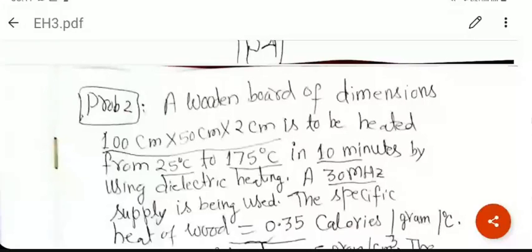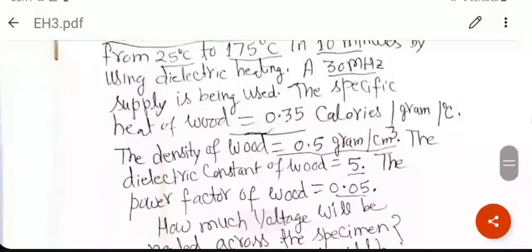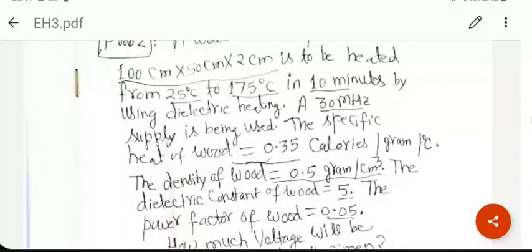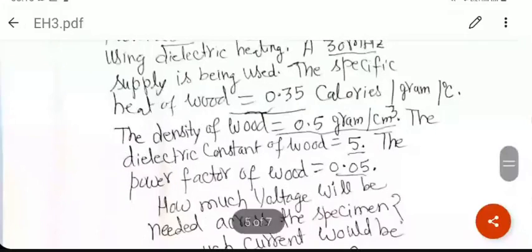The specific heat of wood is 0.35 calories per gram per degree Celsius. The density of wood is also given as 0.5 gram per centimeter cube. The dielectric constant of wood is 5. The power factor of wood is 0.05, like in the previous problem.